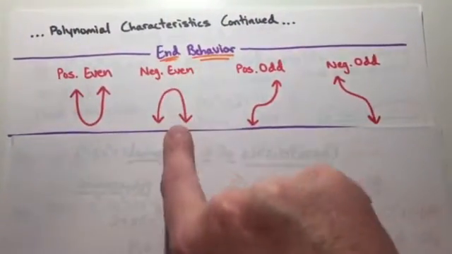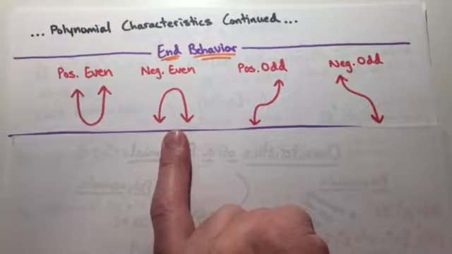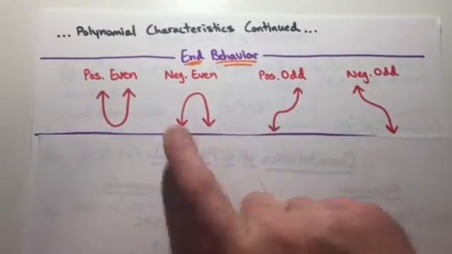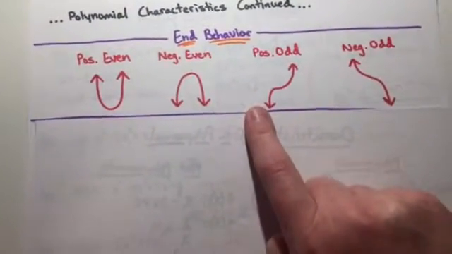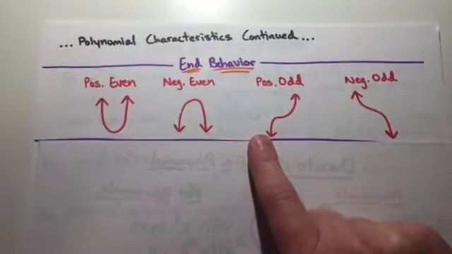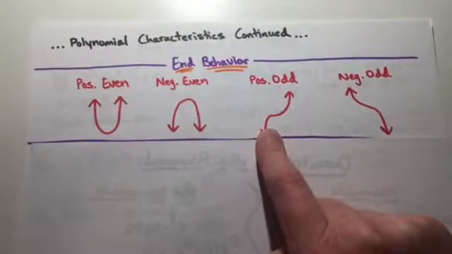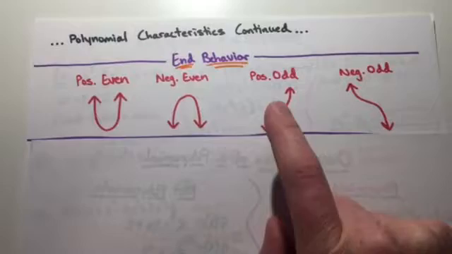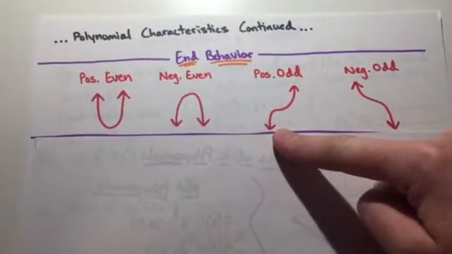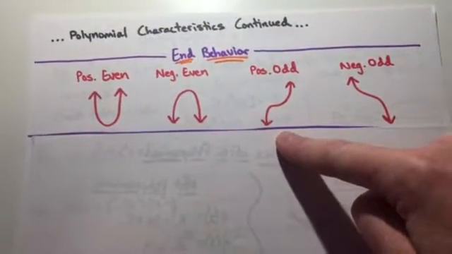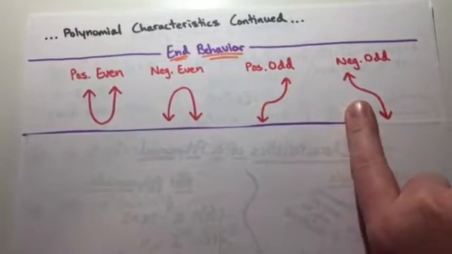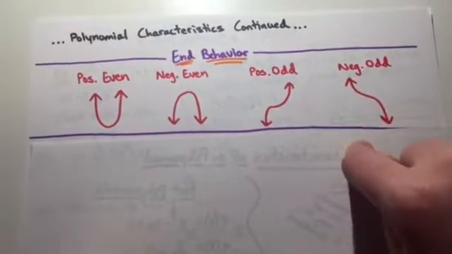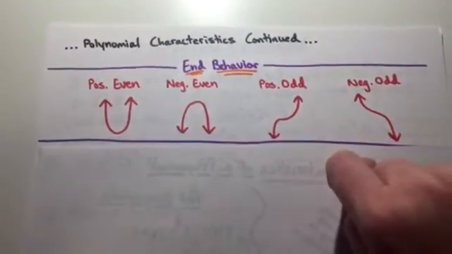If it's negative and even, it'll follow the behavior of a regular negative quadratic function. And then if it's positive and it's an odd function, and again, we're talking about the leading term when it's in standard form, then it would follow the same behavior as a basic positive cubic function. And then negative odd would follow the same behavior as a negative cubic basic function.